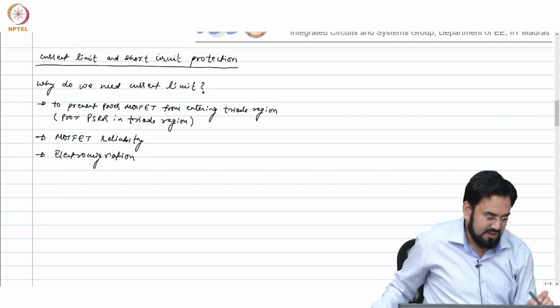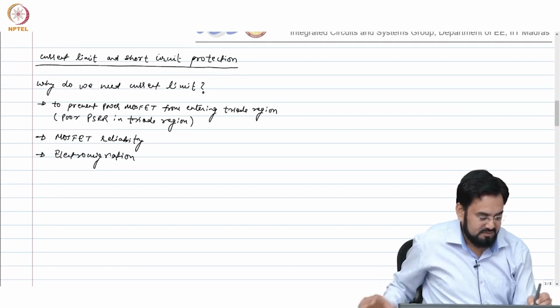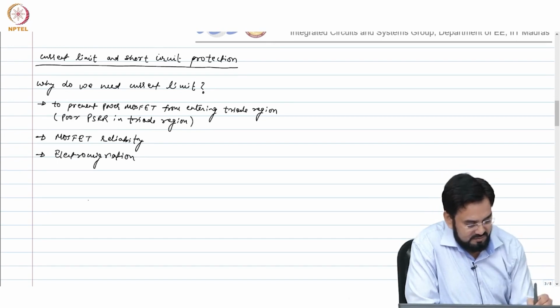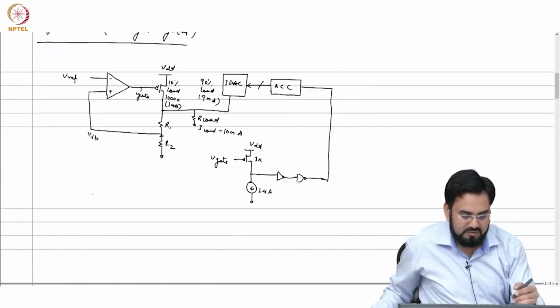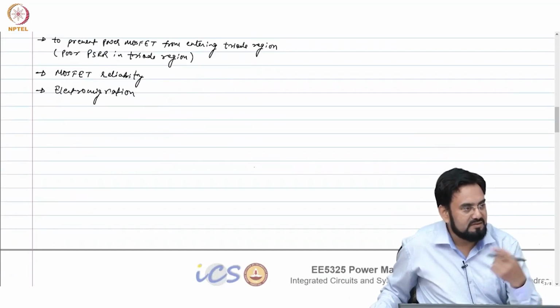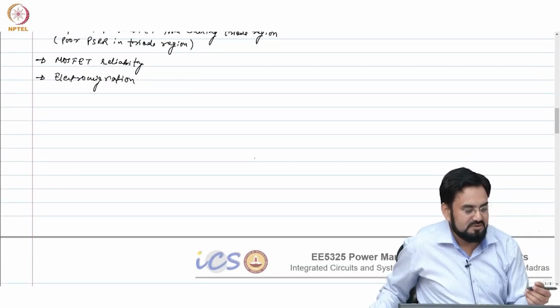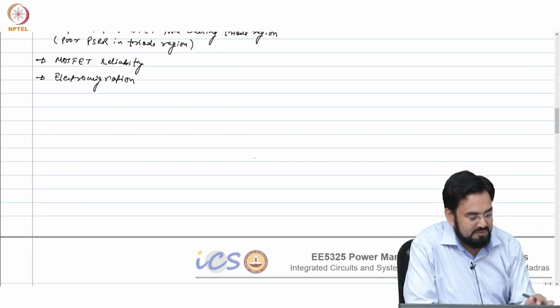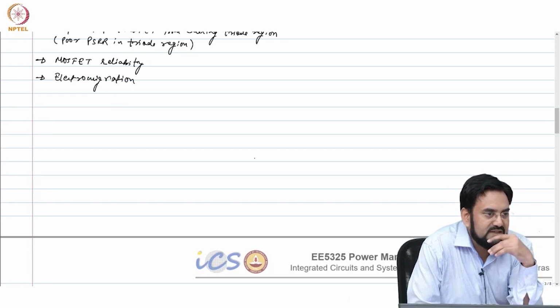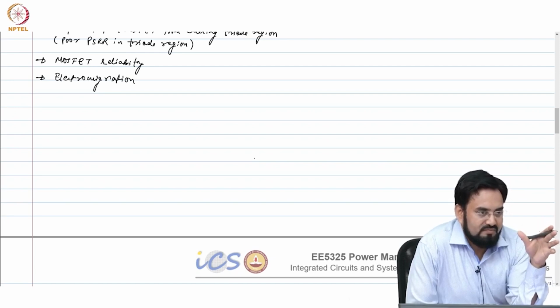And how do we do that? Let's see. We already know how to sense the current. All you need to do is sense the current and from the output take the decision. So one way would be just turn off the MOSFET, the PMOS, and it will not supply anything.